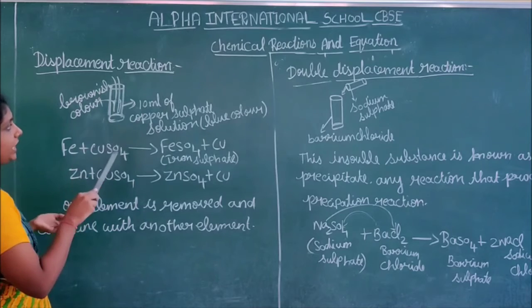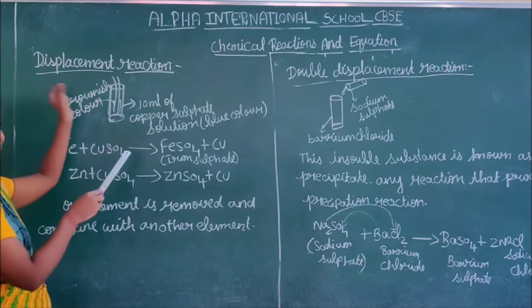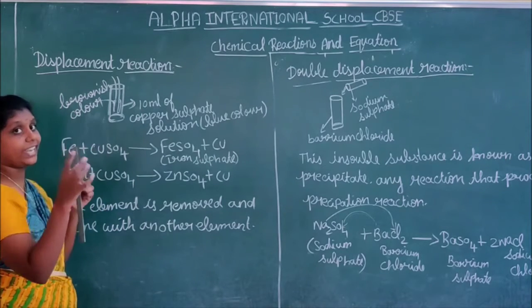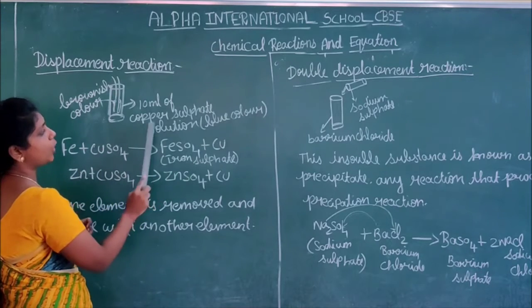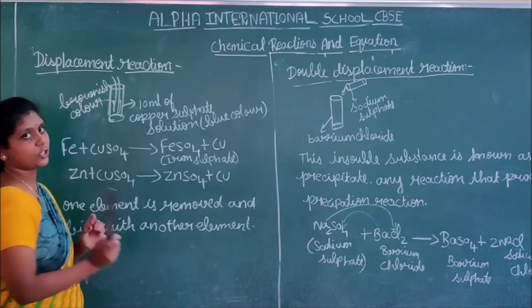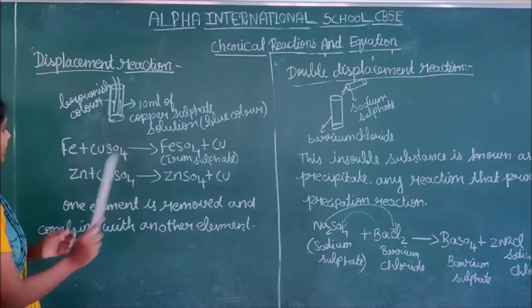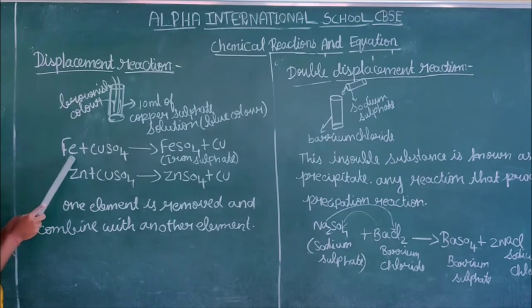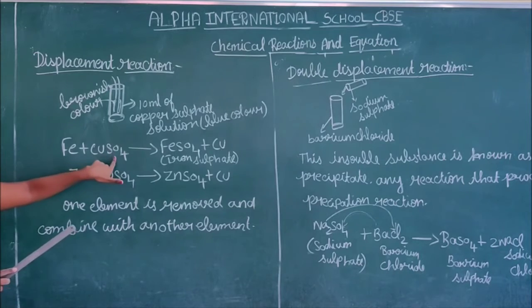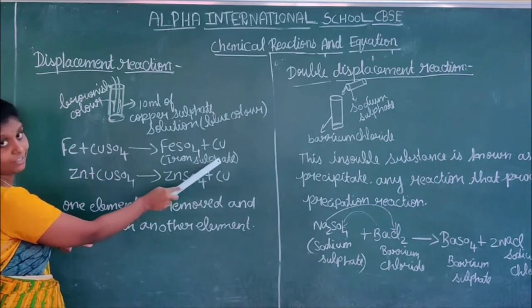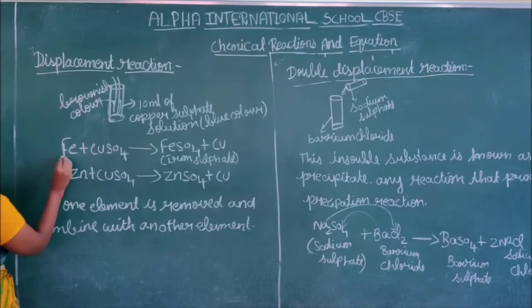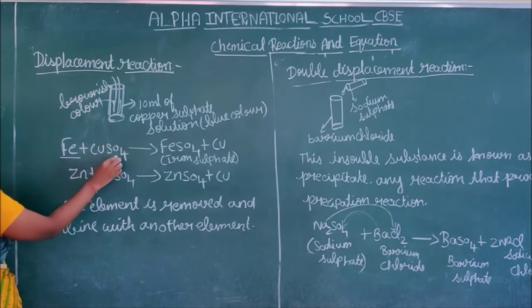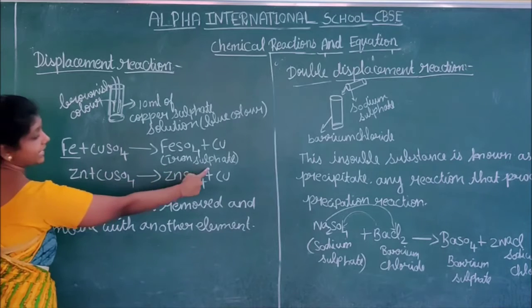After 20 minutes, they are taking the iron nail outside. The white iron nail changes into brownish color, and the blue color of the copper sulfate solution changes into white color. Next, see here, Fe, iron, plus copper sulfate gives what? Iron sulfate plus copper. See here, this iron is combined with sulfate and gives iron sulfate.